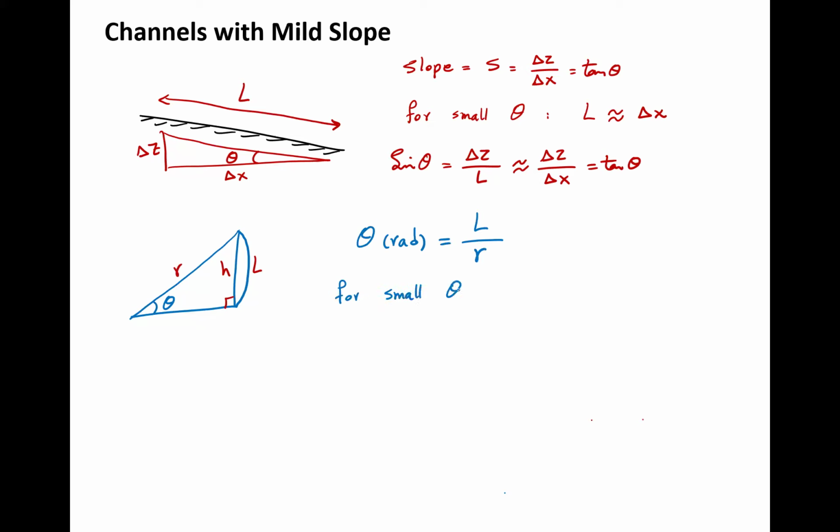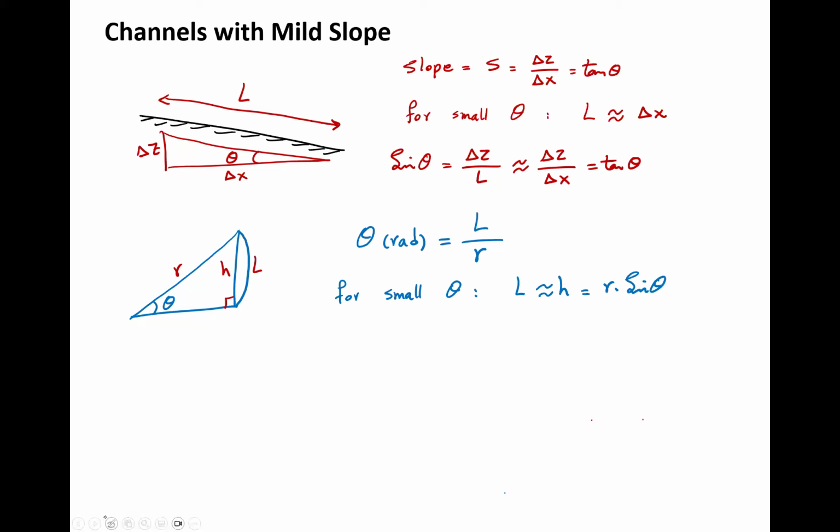For small theta, what do we have? As theta gets smaller and smaller, as you can see on the sketch I have, L will get closer and closer to H. And we already know that H is equal to radius times sine theta, R times sine theta.